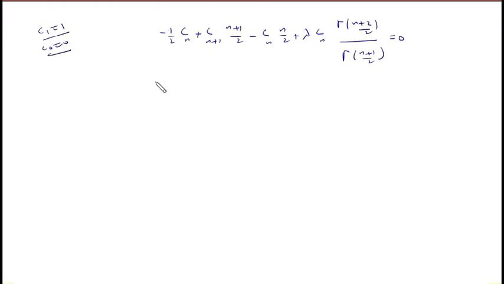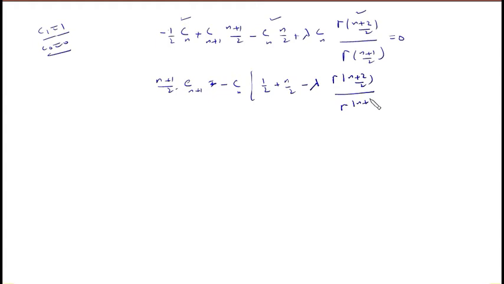Okay, here I will take n plus 1 over 2 into cn plus 1, this term remains as it is, and out of that these 3 terms, I will take cn common. Actually, I will take minus cn common. So minus cn common, here I am left with only 1 by 2. From this term I will be left with plus n by 2, and the last term I will be left with lambda gamma n plus 2 over 2 whole over gamma n plus 1 over 2 is equal to 0.